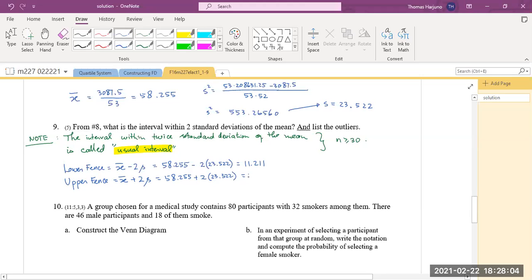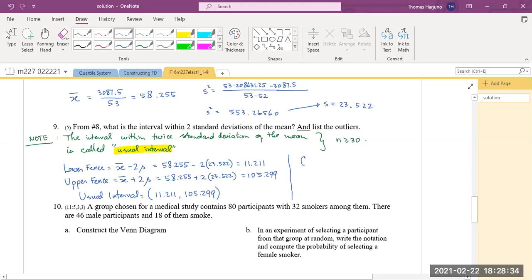I get 105.299. So the usual interval will be the interval from 11.211 to 105.299. That's the usual interval.